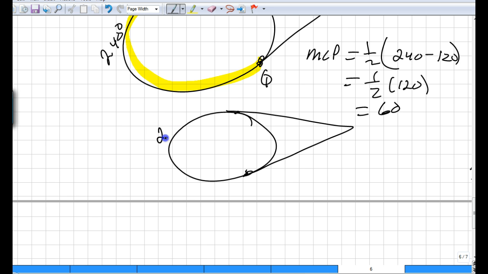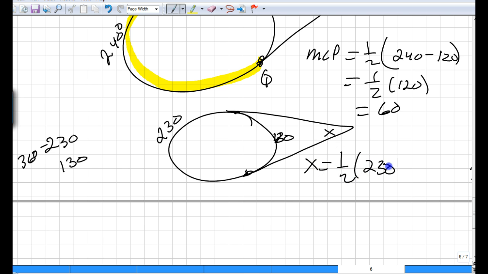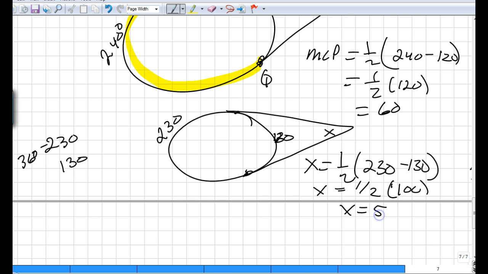I know that this is 230, and I need x. If that's 230, 360 minus 230 is 130. So I know this has to be 130. So measure of angle x has to be 1/2 (230 minus 130). So x has to be 50 degrees.